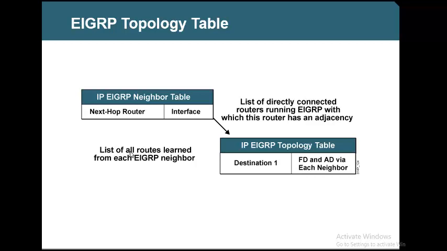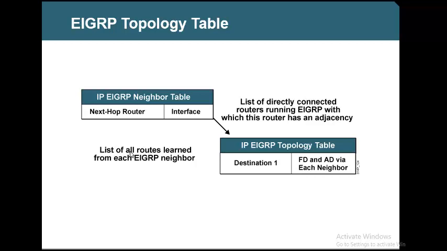The list of all routes here does not mean all 100 routes to the destination. No. You may have 100 routes, but the feasibility condition might be satisfied by maybe 4 routes or 3 routes out of 100. If all routes were learned and maintained in the topology table, in a large network the topology table cannot hold it.